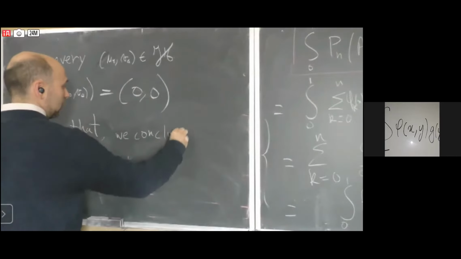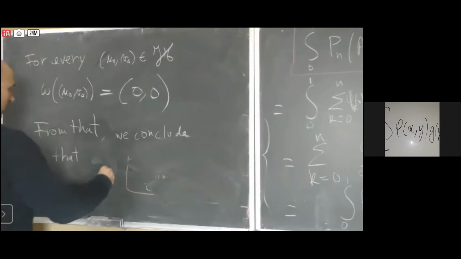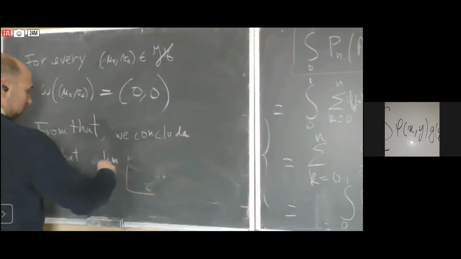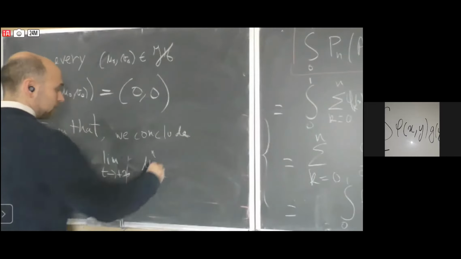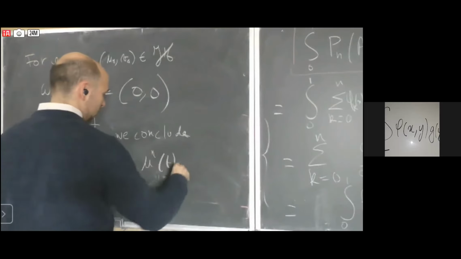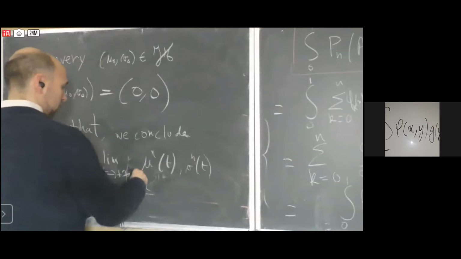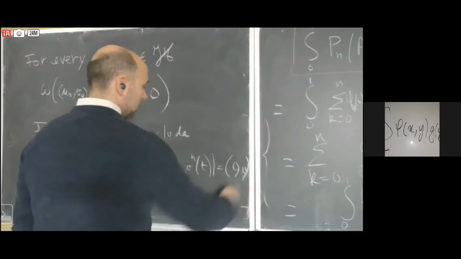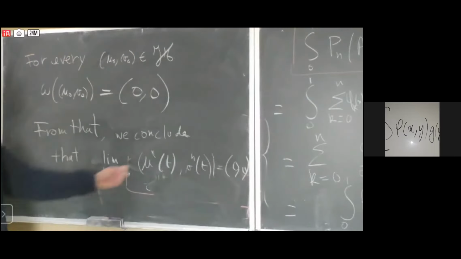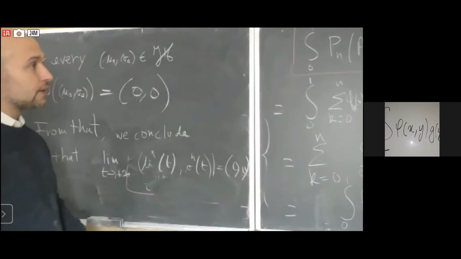From that, we conclude that the limit, it's just UN here, so in H. But then in fact, when n goes to infinity, this is going to converge to the solution of my initial problem.